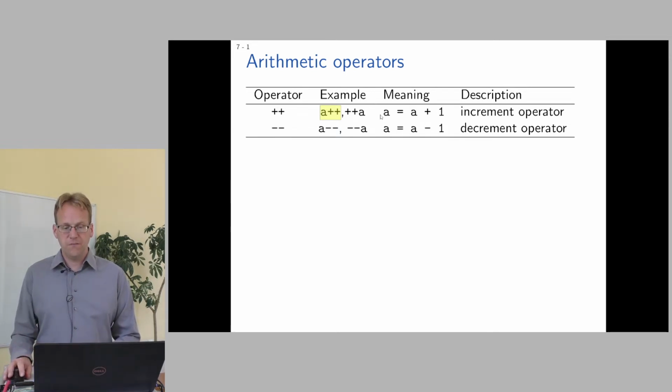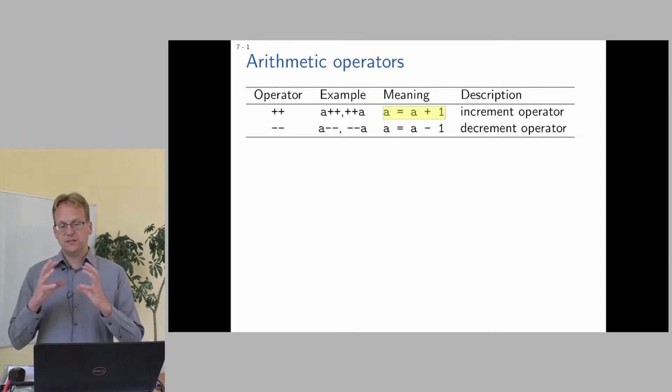So accordingly, we have the same meaning as with this expression. So a plus plus just means a is equal to a plus 1. A plus 1 is the increment of a, and that is then assigned into the variable a.